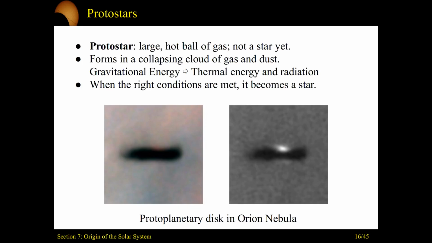Once enough material has collapsed down, has started spinning around fast enough, and has converted enough gravitational energy into thermal energy, and also importantly, pressure in the core of the protostar, that is when fusion can begin, and it turns into an actual star.